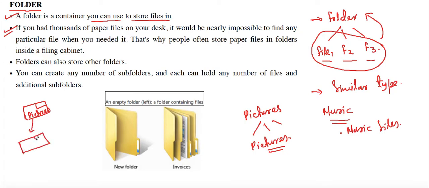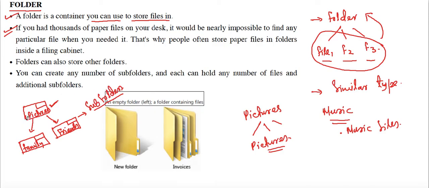For example, one is family pictures, and another folder inside this pictures folder is friends. These two folders are called subfolders, because they are stored inside another folder, the pictures folder. Pictures is the parent folder and these are the children, called subfolders.